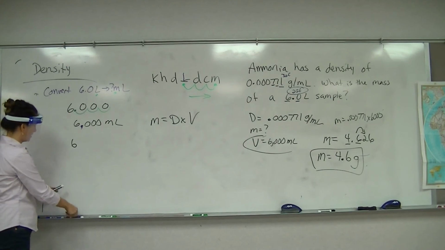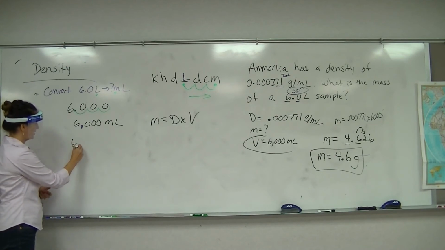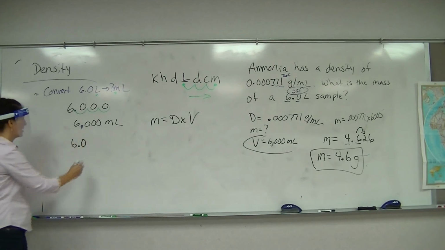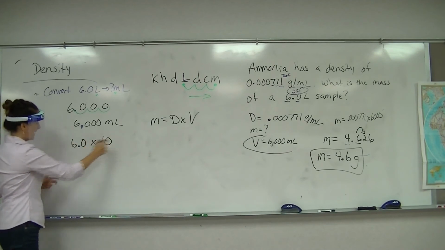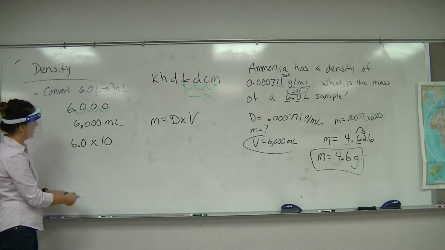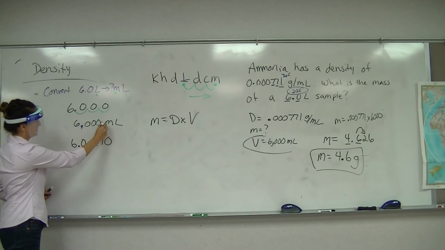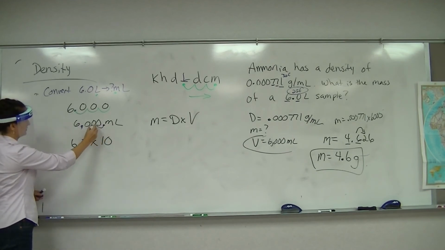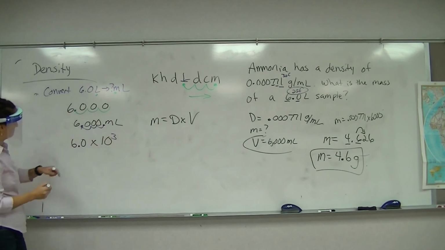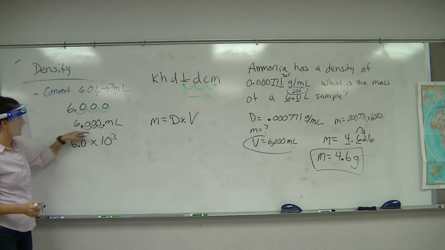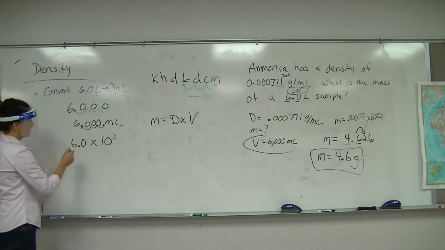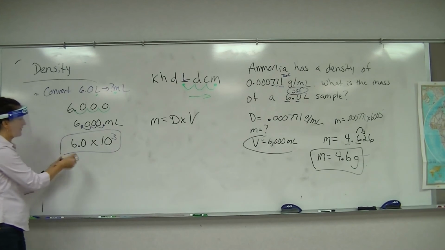So I would have 6 point, and since I need 2 significant figures, I would have written 6.0, okay? Well, what would my exponent be? It's how many times you move the decimal point, and we would have started at the end, right? So how many times? 3. And since the number was greater than 1, it would have to stay a positive 3. So this would be our only way to have 2 significant figures.